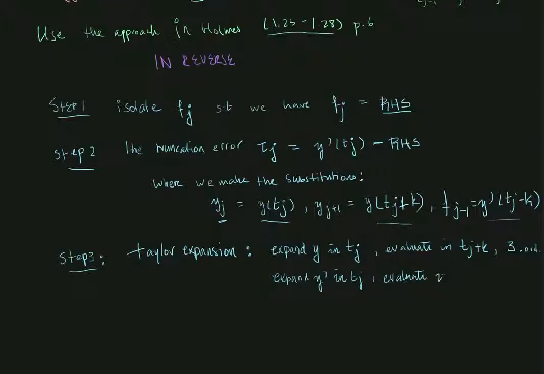Well, we evaluate it in tj minus k, because that's where we want to evaluate y prime, and also to the third order. Now note, because here we're expanding y prime, when I say that we're doing a Taylor expansion of order 3, that means that the remainder includes the term y differentiated 4 times and not just 3 times, because the 0th order is y prime and not just y.